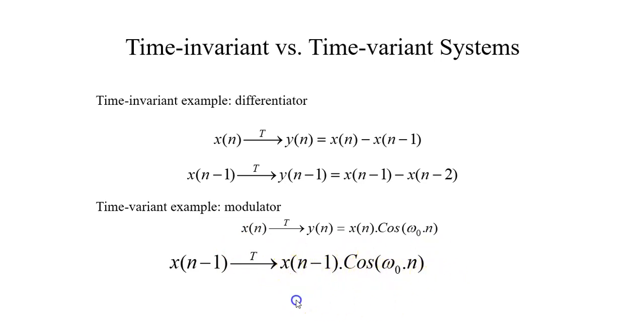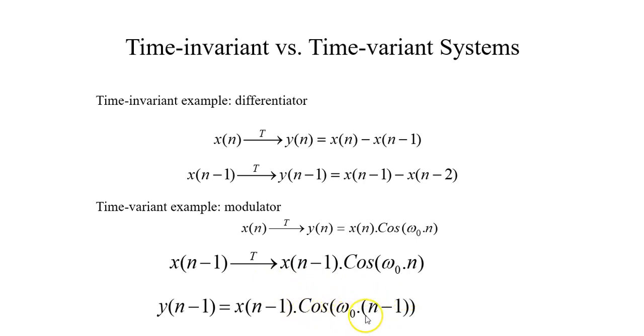This is a modulation, and in this case we will have y of n equals x of n minus 1 times cosine omega (n minus 1). You see, we have here n minus 1. If you make n equal 0, the input cosine is 0 and will give you 1, it will not give you 0. This is also n minus 1.